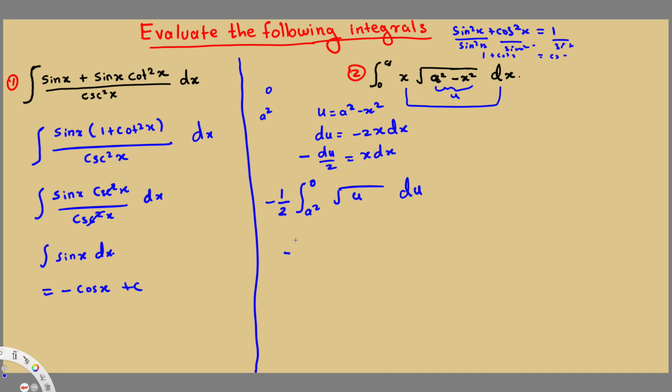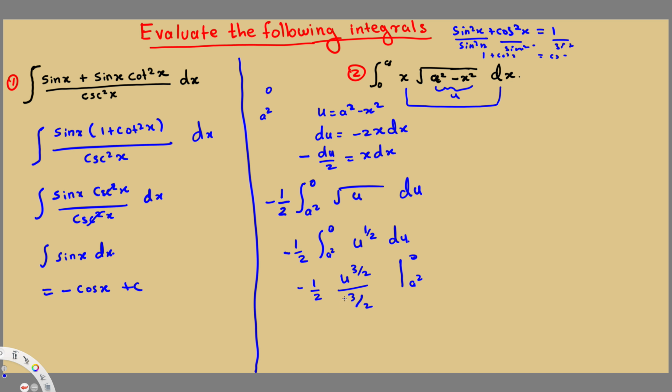Minus half from a square to 0, and square root of u means u power half, right? Same thing, u power half du. If you integrate this, it is going to be u power half plus 1, that's u power 3 by 2, divided by 3 by 2, going from a square to 0.